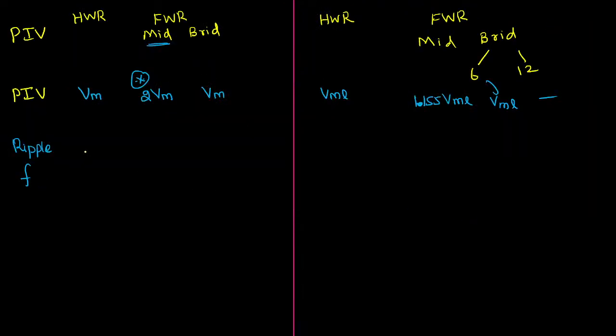So the ripple frequency can be written as 1 times input, 2 times input, 2 times input, 3 times input, 6 times input, 6 times input, 12 times input. This is how we write the ripple frequency for all the rectifiers. That is the most important term that you must remember.